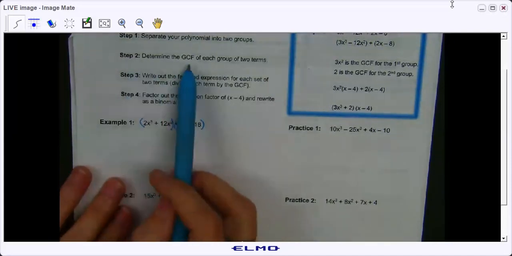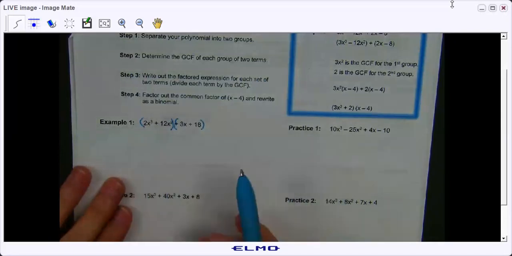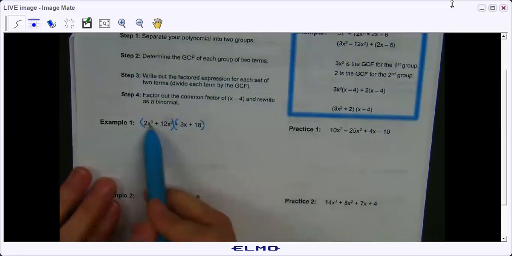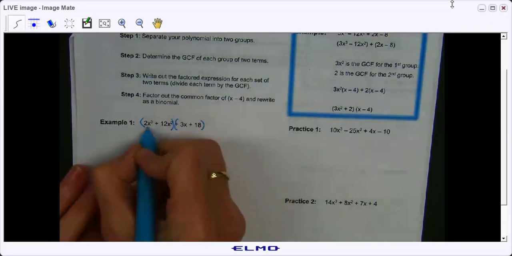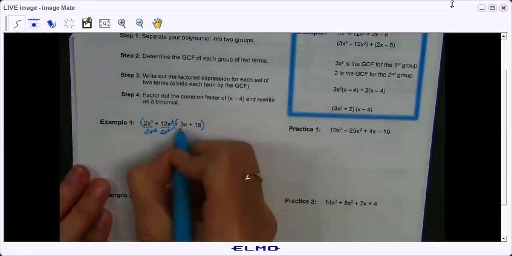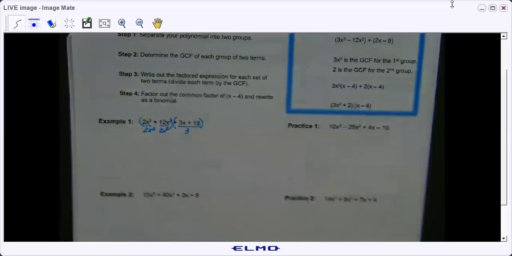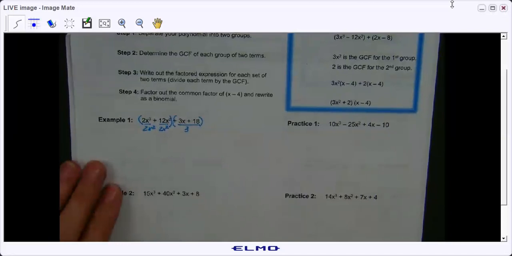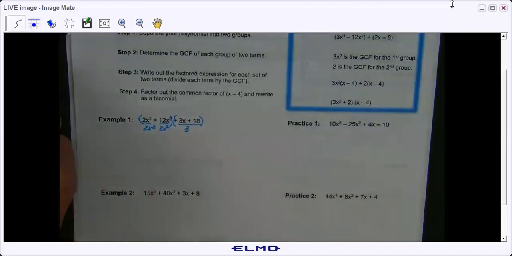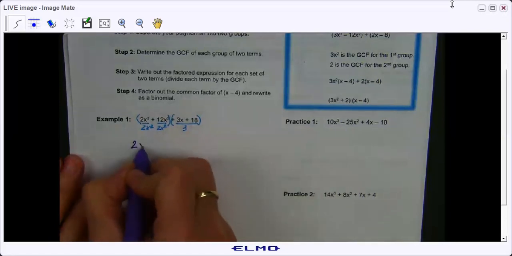Step 2, determine the GCF of each group of 2 terms, and then you have to factor them out. So the greatest common factor here is 2x squared. And the greatest factor here is 3. Okay. So when I write this out for my first term, I have 2x squared.